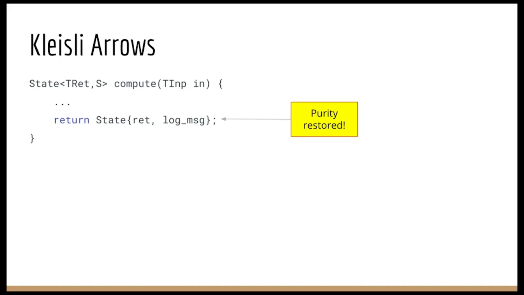And this way, the Kleisli arrow, since it implements functional composition, can take care of dealing with these side effects outside of the context of this function. So the function is now again pure. We can cache it, we can compute it in parallel and do all sorts of useful optimizations with it. And the Kleisli arrow will victimize itself and deal with all the ugliness of the side effects.